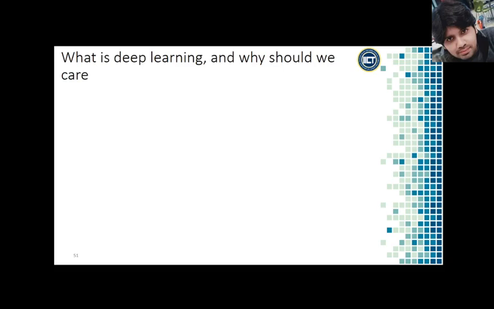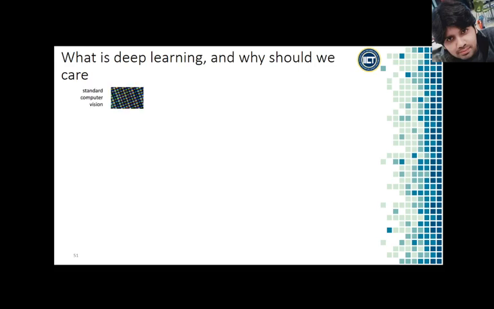Now, let me explain the difference between deep learning and shallow learning. The machine learning algorithms we discussed are also referred to as shallow learning. Let me tell you the difference with a very abstract example.